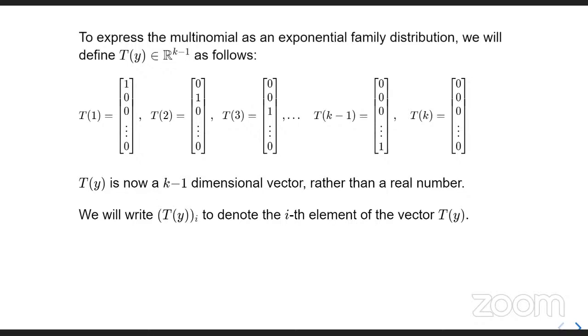Let me add one point here. This kind of calculation we are doing just to bring the softmax function into the form e raised to the power of eta transpose T of y, times b. That kind of form we are trying to bring in for the multinomial distribution. That is the motive here.